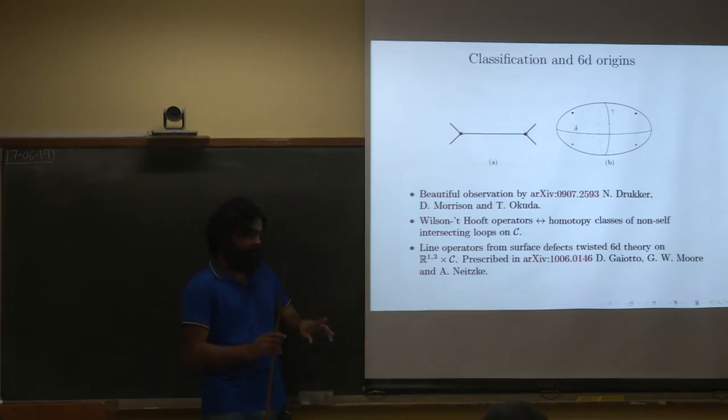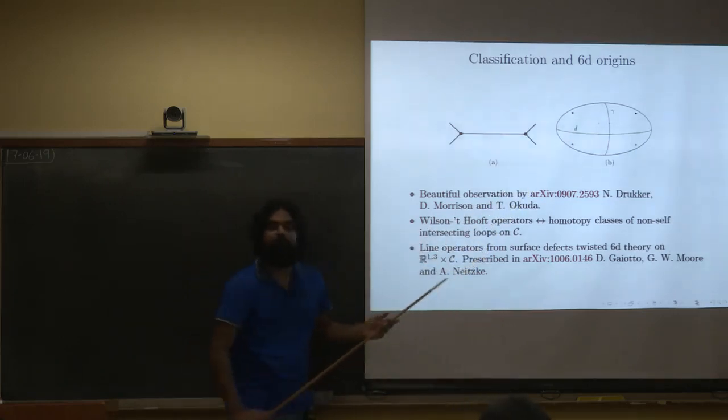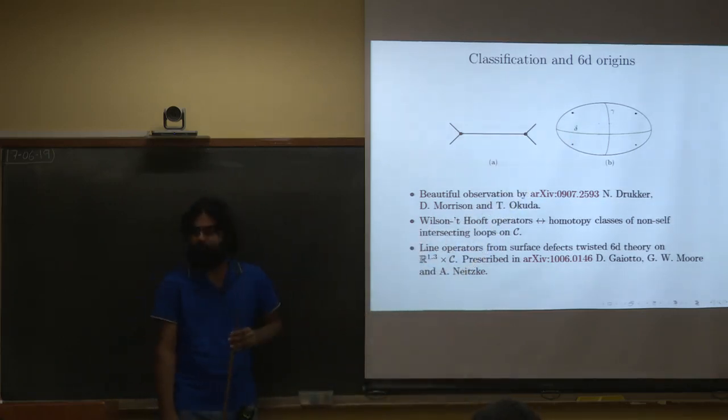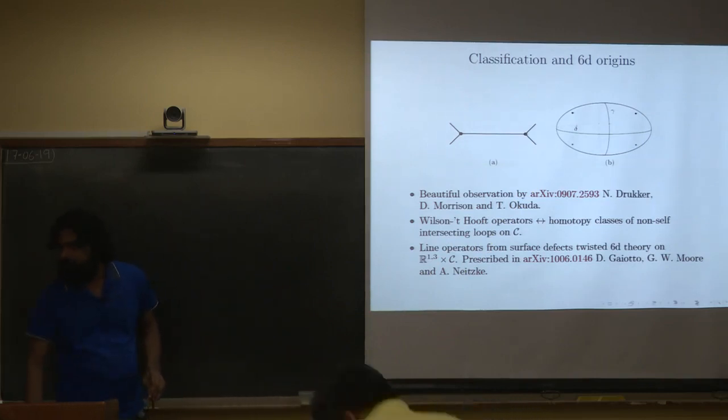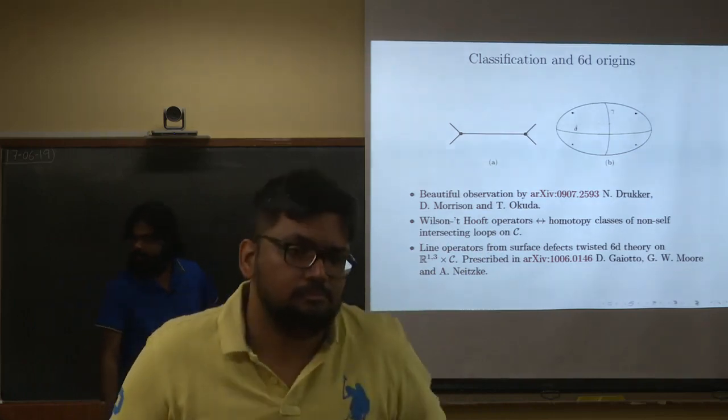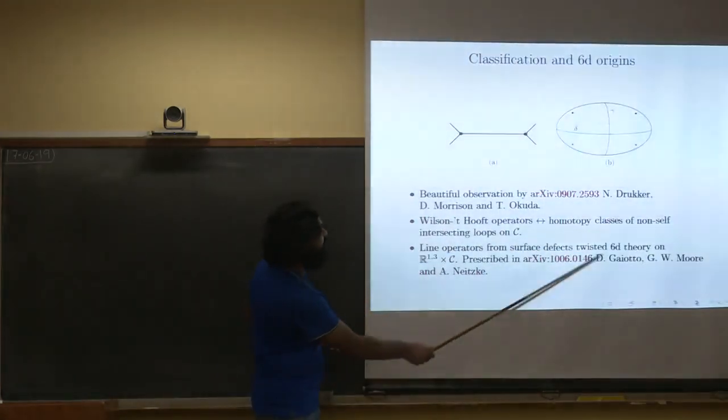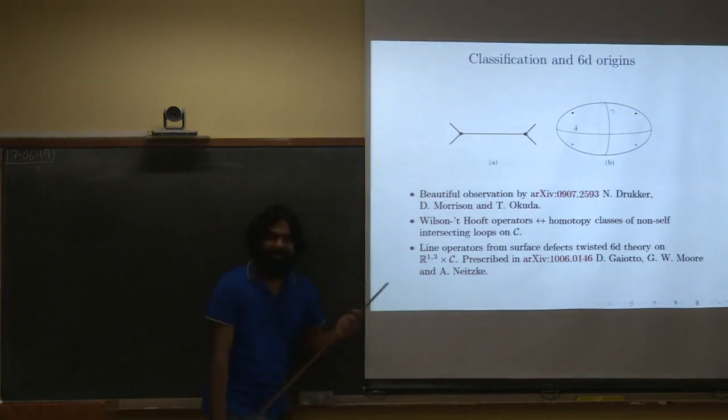One dimension of the surface defect is along the R1 direction, the time direction of R1,3, and the other is along the curve which is being wound over this Riemann surface. That's a 2-dimensional support for the surface defect, and it's nicely prescribed in the paper by Gaiotto, Moore, and Neitzke.